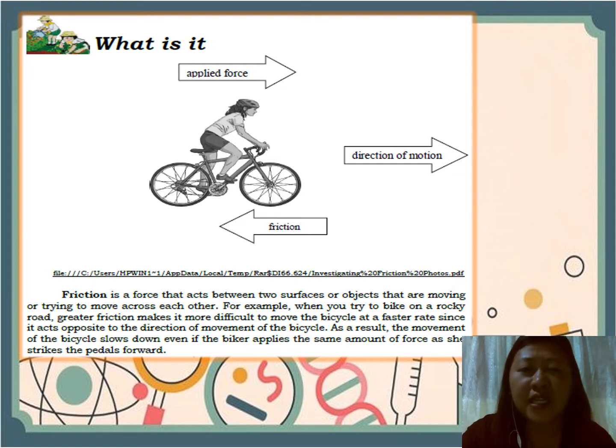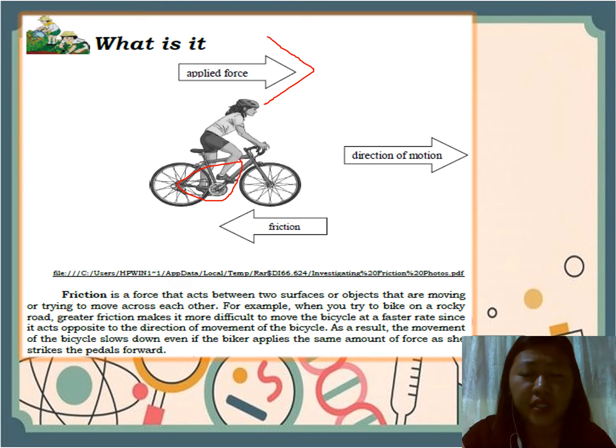Okay. Let us try to understand more about friction by looking at this. What exactly is friction? By looking at this picture above. So as you can see, the girl riding on her bicycle applies force through striking her pedals toward this direction.